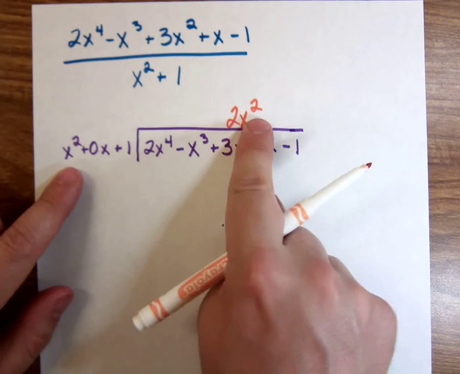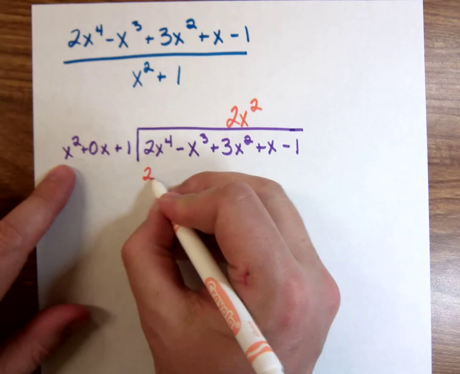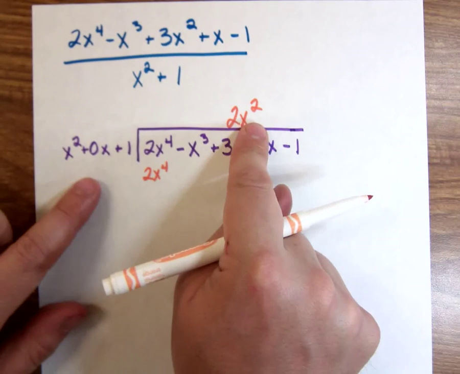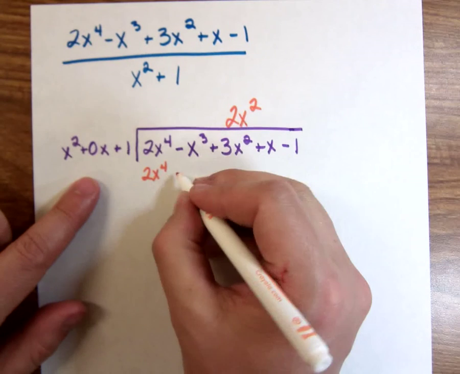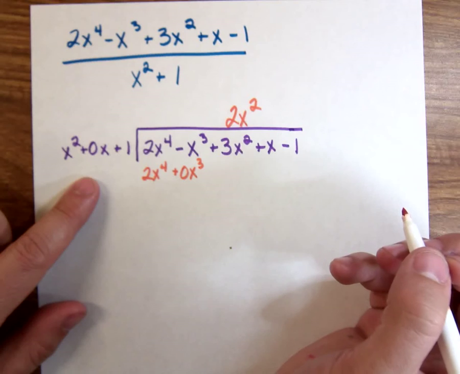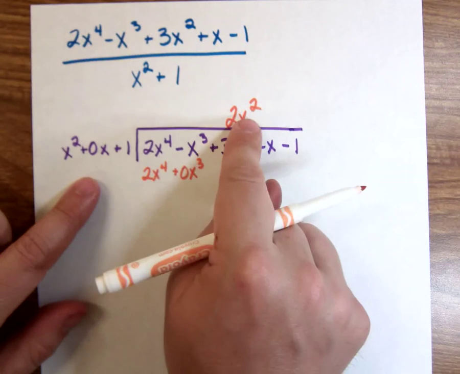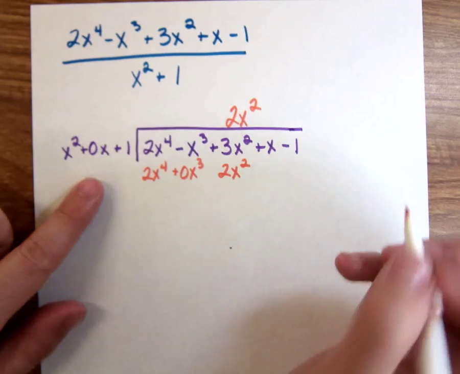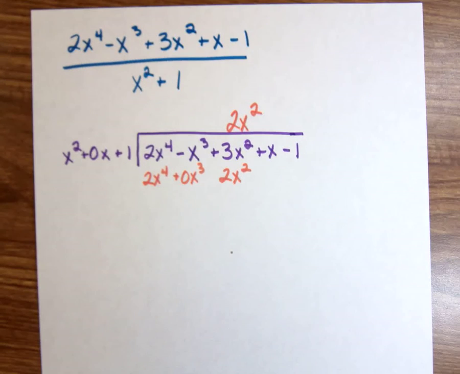Now we multiply. 2x squared times x squared is 2x to the 4th. 2x squared times 0x is going to be 0x cubed. And 2x squared times 1 is 2x squared. Notice that we included the x cubed even though it was 0, just so everything lines up.